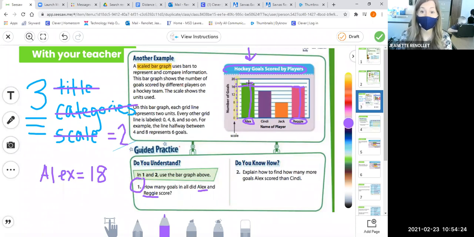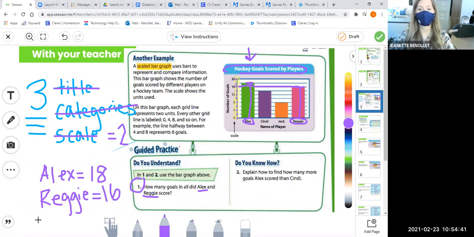Reggie is at 16 goals. So on the left, I'm going to record Reggie was equal to 16 goals. Alex went up to the 18 line. Reggie's data went up to the 16 goals line.